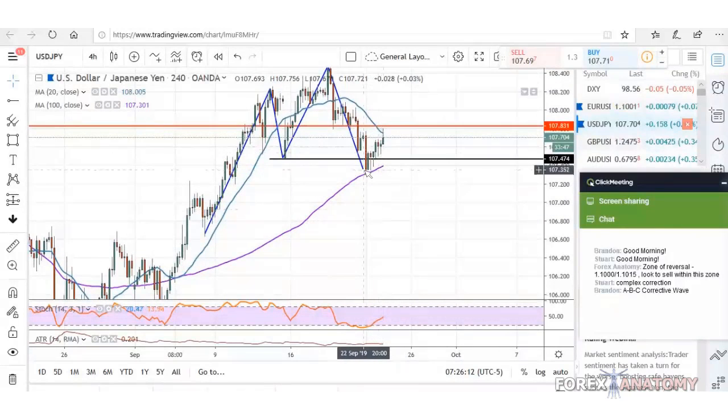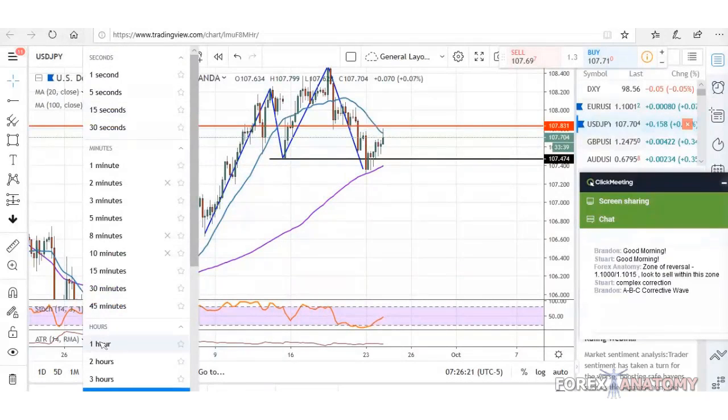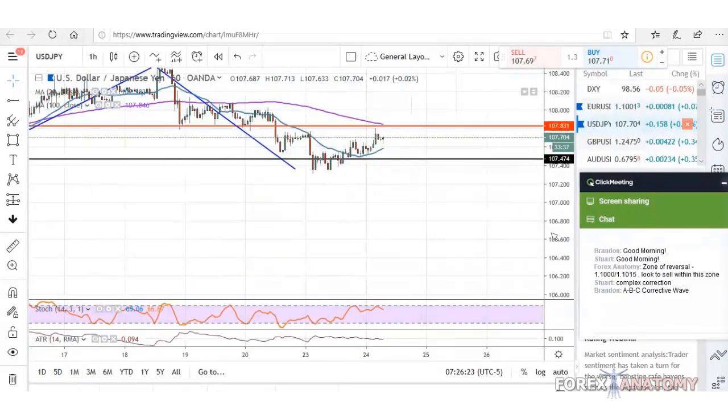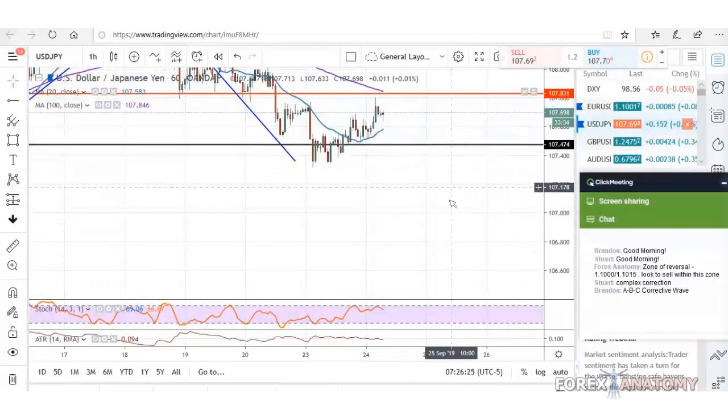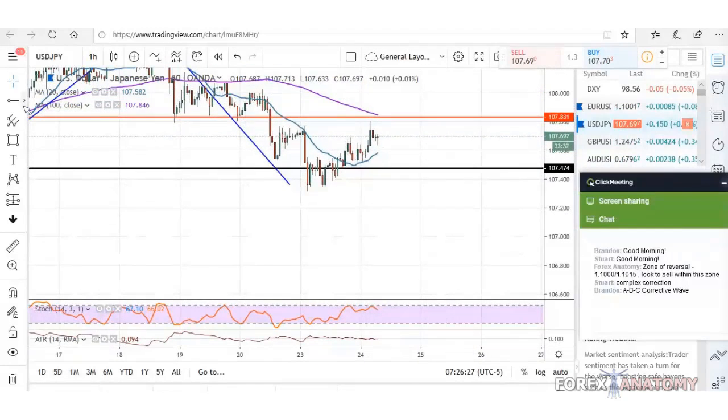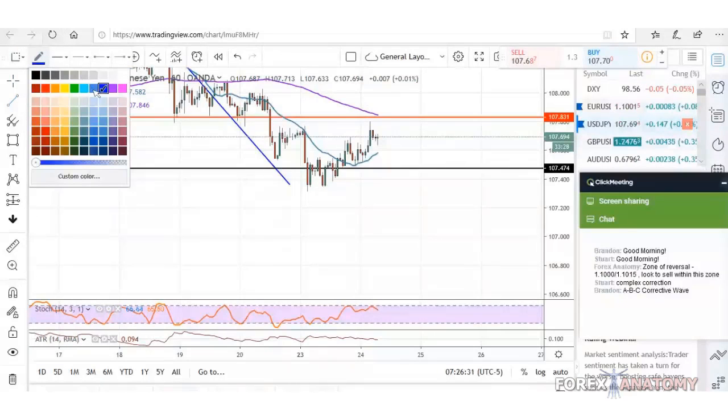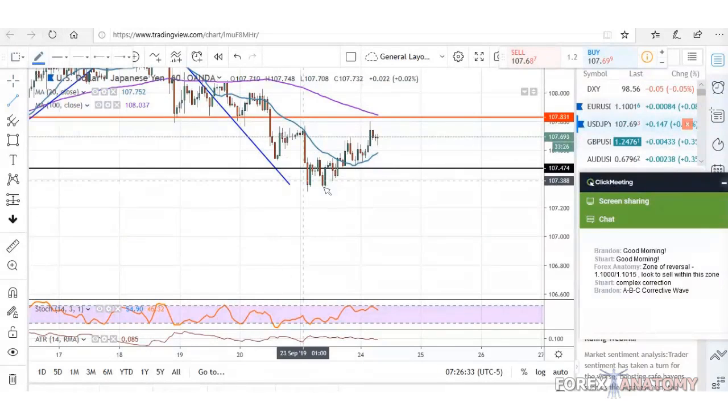And right now, we could be seeing that opportunity form really, really soon. So what we're going to do is go down to the 1-hour time frame. And what I'm going to do is draw in this trend line on the 1-hour time frame. Let me draw this in from here.